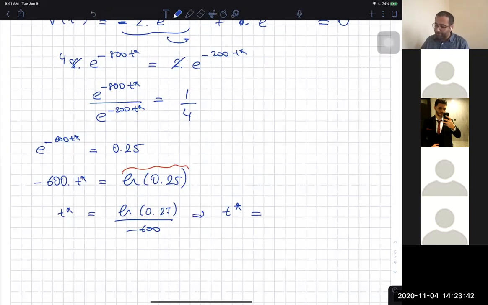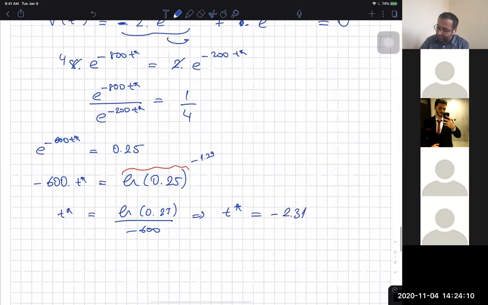Can someone calculate this number for us? Minus 1.38. Which one? This one? 39. 39? This ln or everything? Only ln. Okay, can you also divide it by 600, so that we can find the time instant? Minus 2.31.